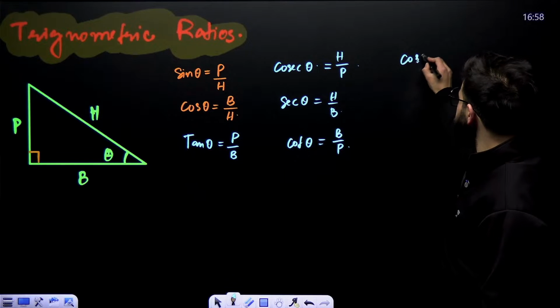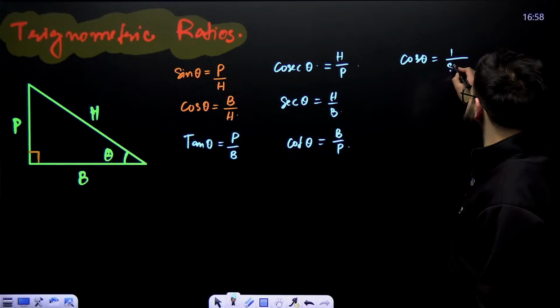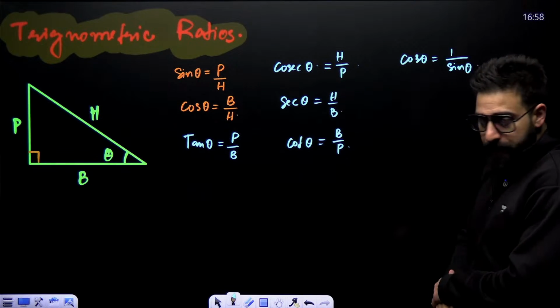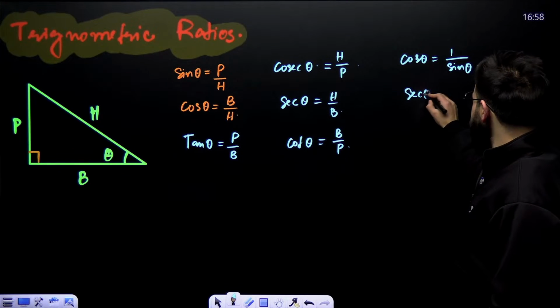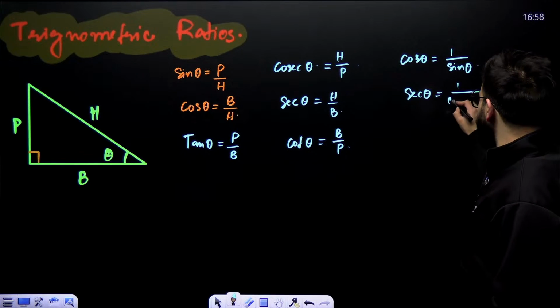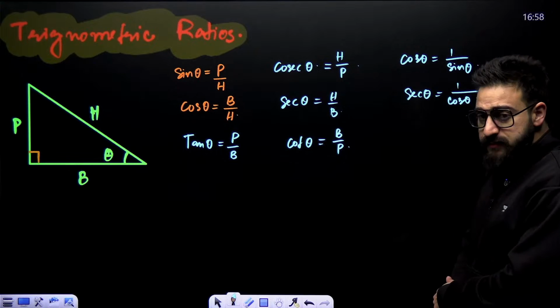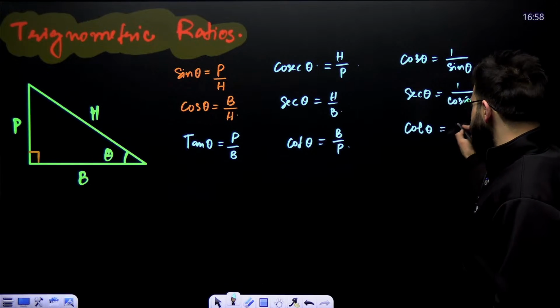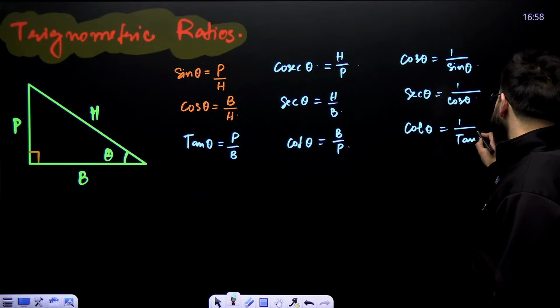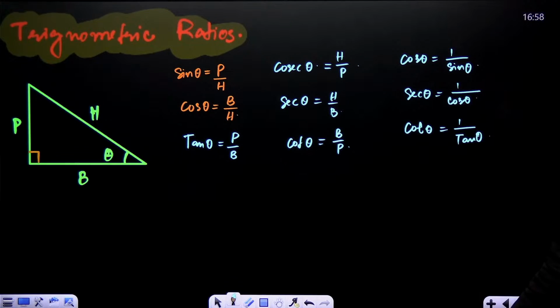Or you can say it like this: cosec theta is the inverse of sine theta, sec theta is the inverse of cos theta, and cot theta is the inverse of tan theta.